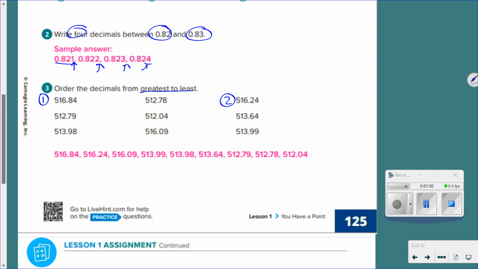Third, 516 and 9 hundredths. 513 and 99 hundredths. 513 and 98 hundredths. 513 and 64 hundredths. 512 and 79 hundredths. 512 and 78 hundredths. And 512 and 4 hundredths. So hopefully you did the list, but for those of you that did the numbers, I added those for you. Any questions on that list?